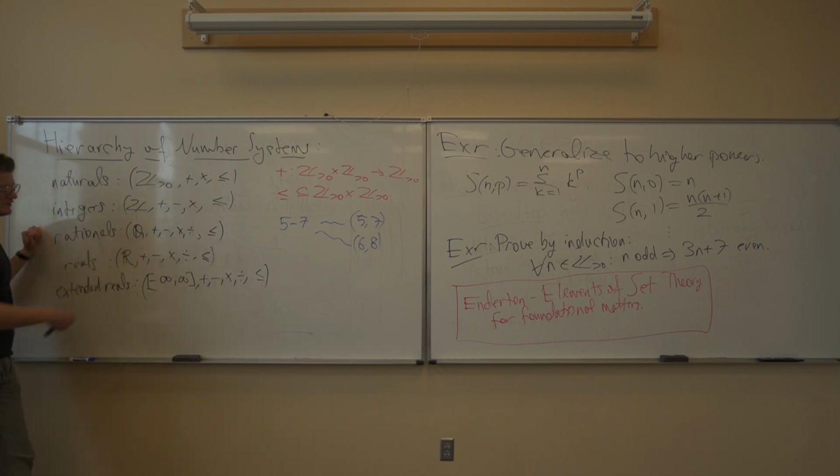Now, all of these things have certain axioms, but I don't think it is really helpful to go through every single axiom. You can read about them on your own from the textbook or on Wikipedia or whatever.